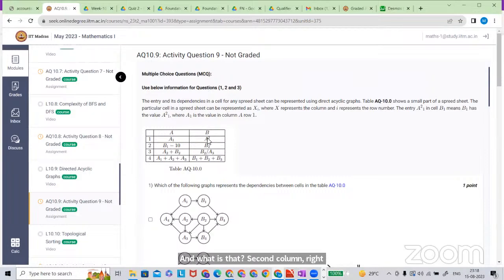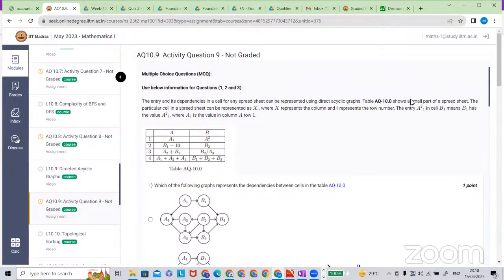Actually, A1 is the value of A in row 1, and B1 is A1 squared. It says that the value of B1 is equal to the value of A1 squared. Let me read that out. The entries and their dependencies in the cells of a spreadsheet can be represented using a directed acyclic graph.